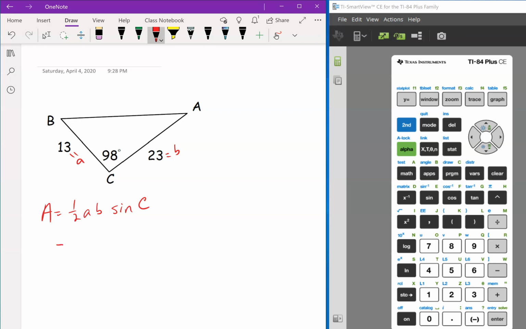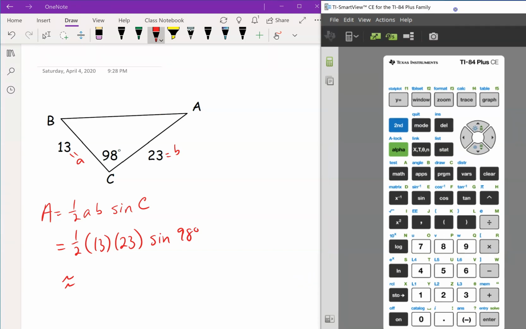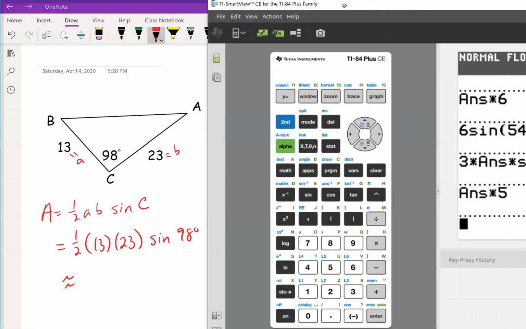So for this particular problem, we would have 1/2 times 13 times 23 times the sine of 98 degrees. And now we can come over to the calculator and type this in. I'll see if I can move this over a little bit so we can actually see the screen.